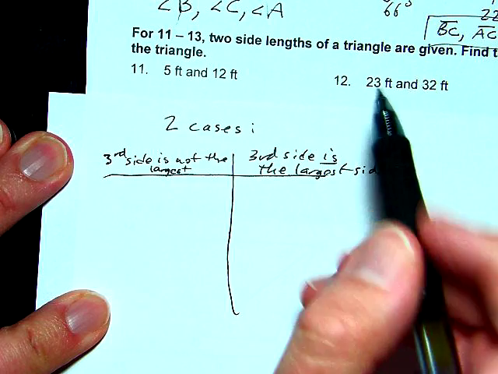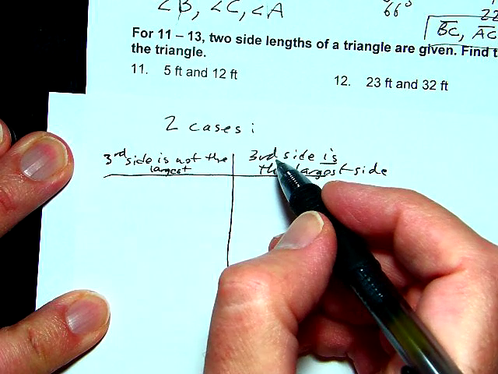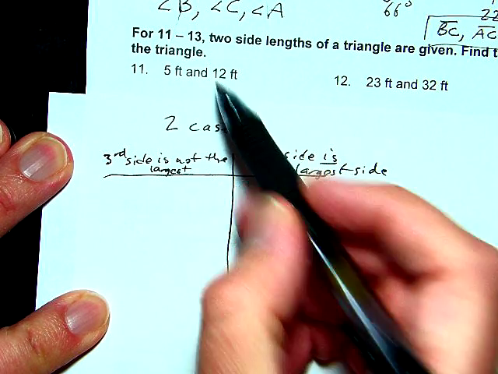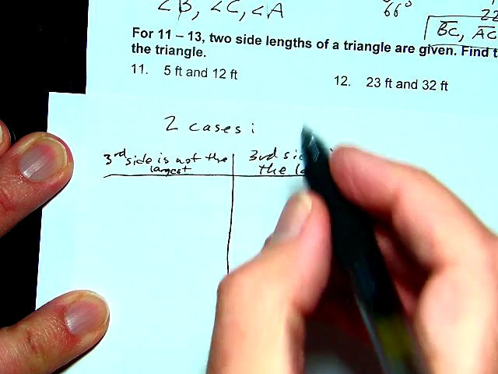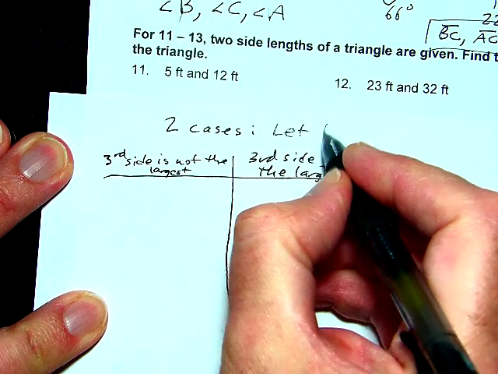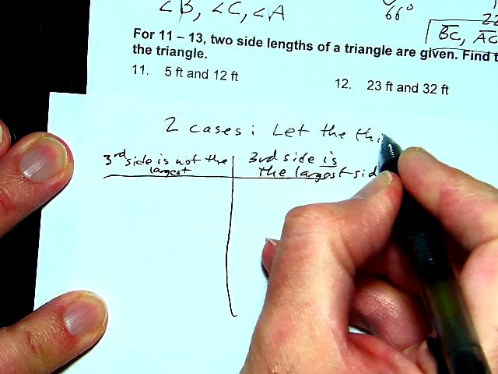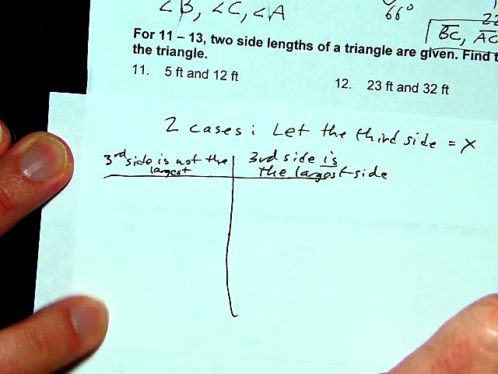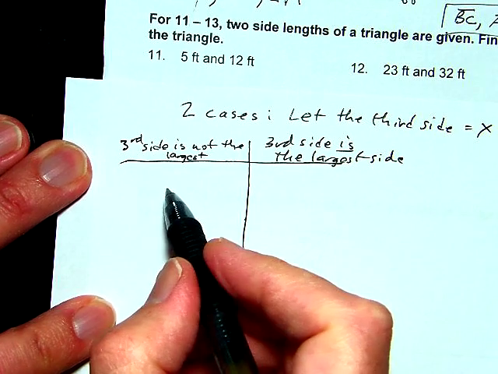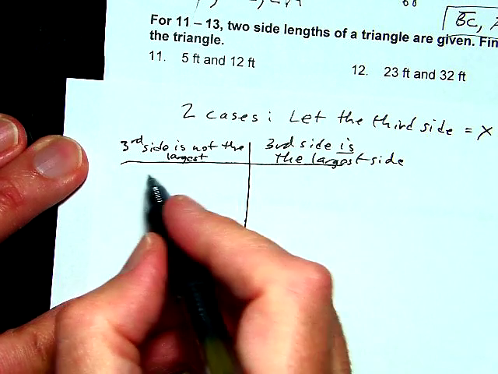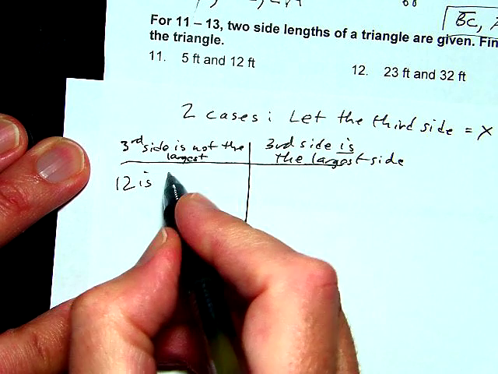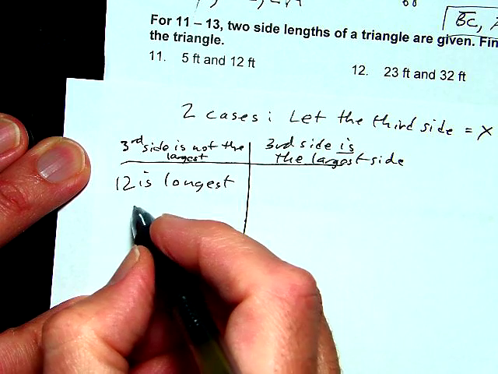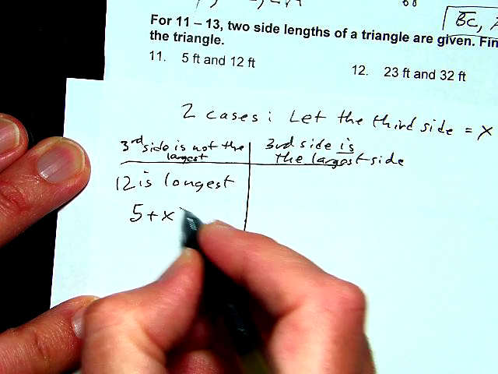And by our triangle inequality, the sum of the unknown side plus 5 would have to be greater than 12. So let's let, in both cases, the third side equal x. If the third side is not the longest side, then 12 is the longest side, and we have to have 5 plus x greater than 12.